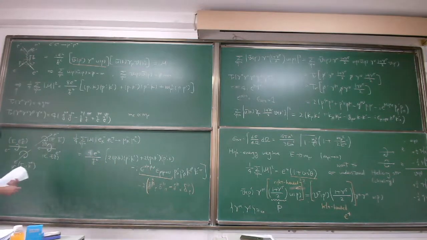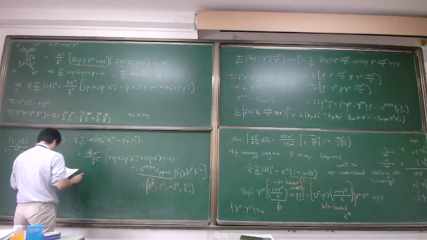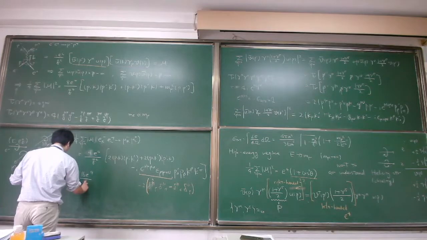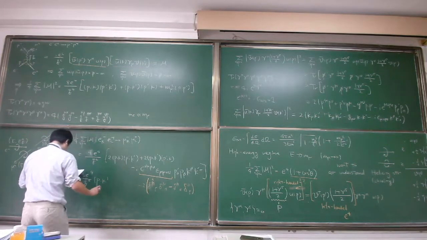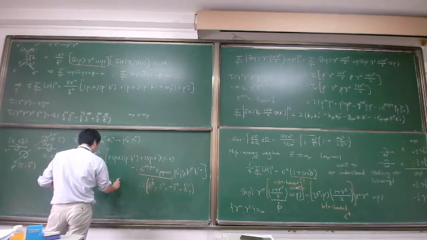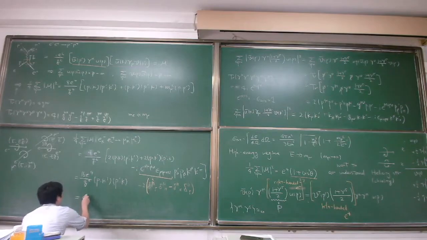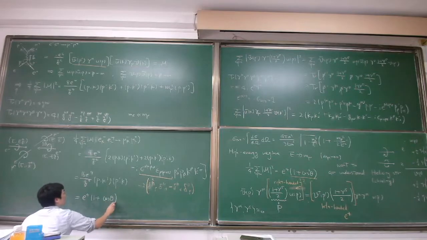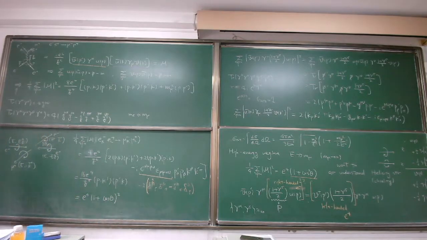Then at the end of the day, what you get is that the amplitude squared is equal to 16 e to the fourth, q to the fourth, p dot k prime, and then p prime dot k. And this is indeed equal to e to the fourth times 1 plus cos theta squared. Okay, so that's what we have.